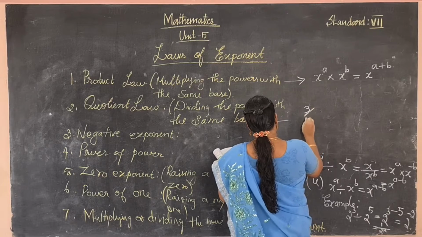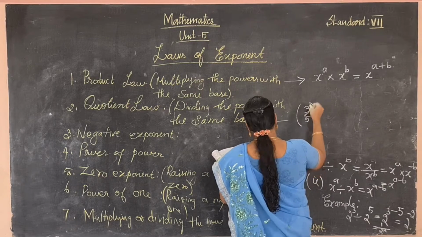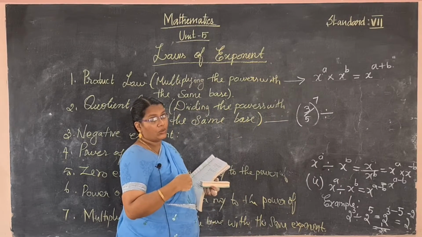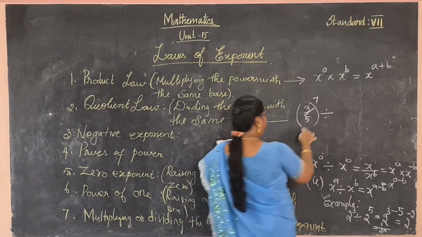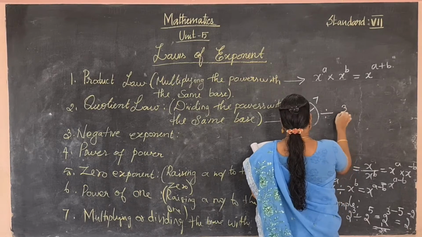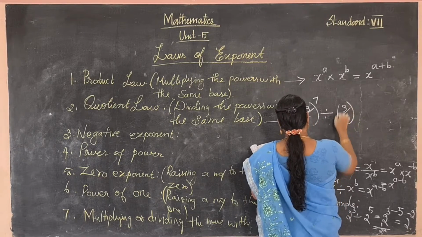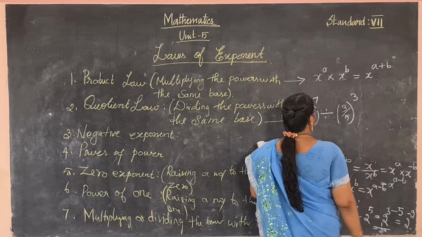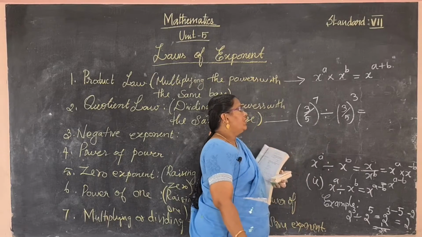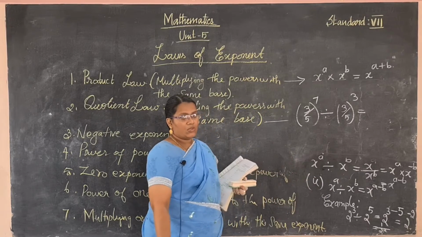3 by 5 the whole power 7. Everyone should copy this in your class work note. So 3 by 5 the whole power 7 divided by 3 by 5 the power 3. Here the first power is the greater value, so we get the positive value.